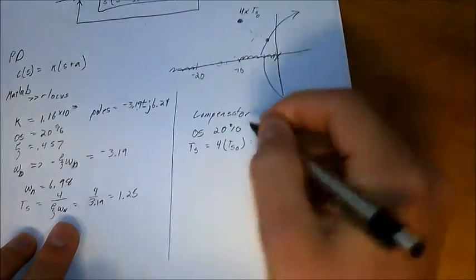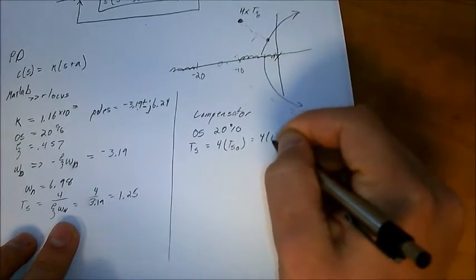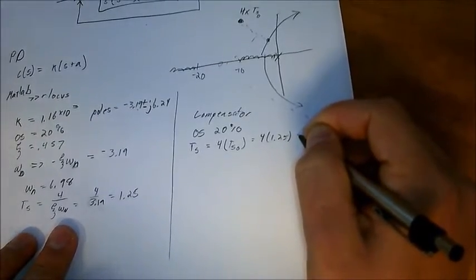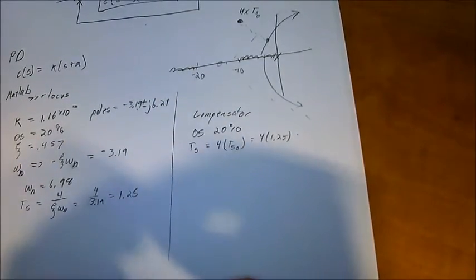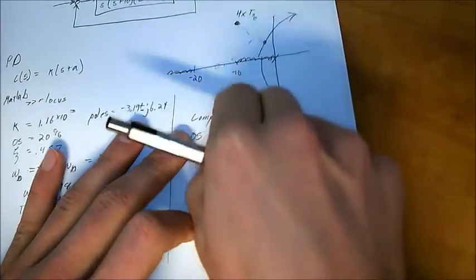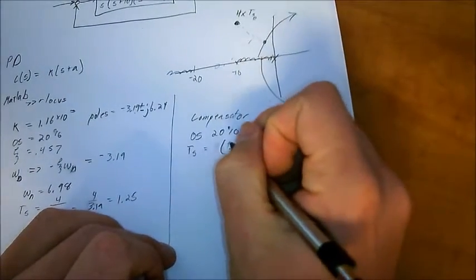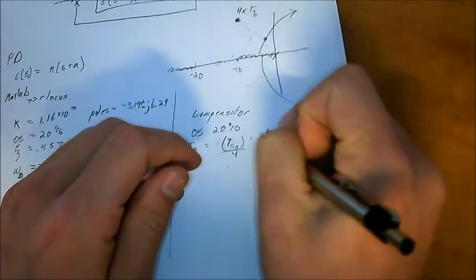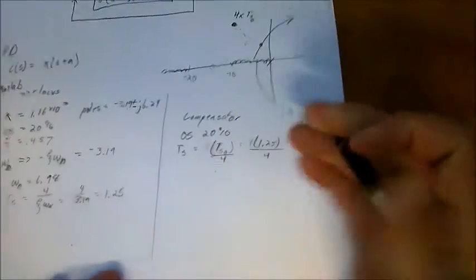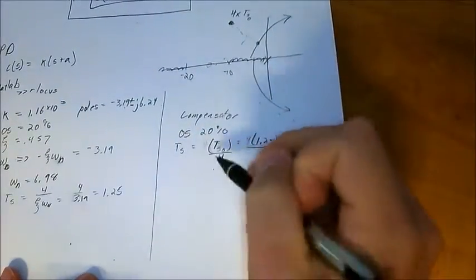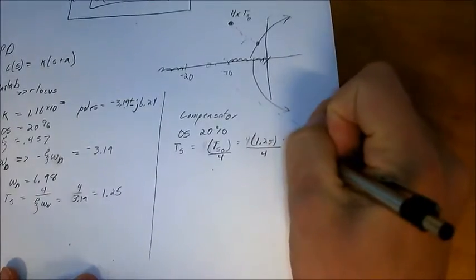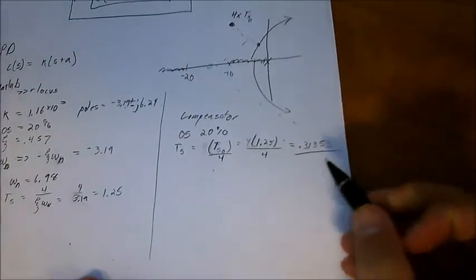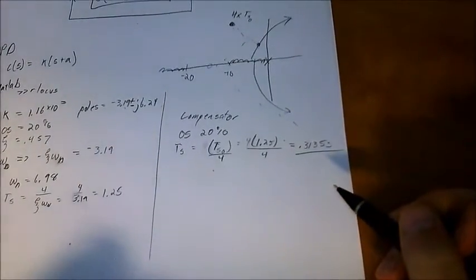So in this case, 4 times 1.25, oh no, yeah, we're reducing it by a factor of 4, not increasing it by a factor of 4. So divided by 4. Wow, I'm just making mistakes all over the place. Since we're reducing TS by a factor of 4, you divide by 4, and this will give you a settling time of 0.3135 seconds. So that's our new TS that we're shooting for.